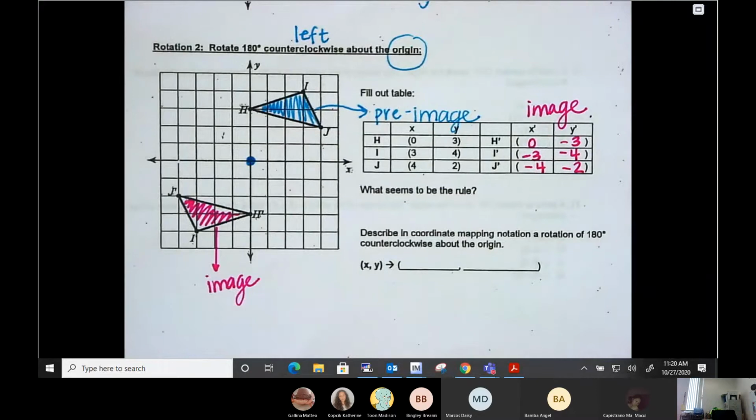I'm hoping you see a pattern, and then if you see a pattern, you can write in words what's happening.